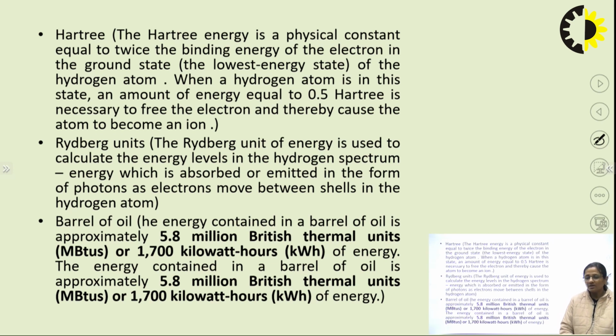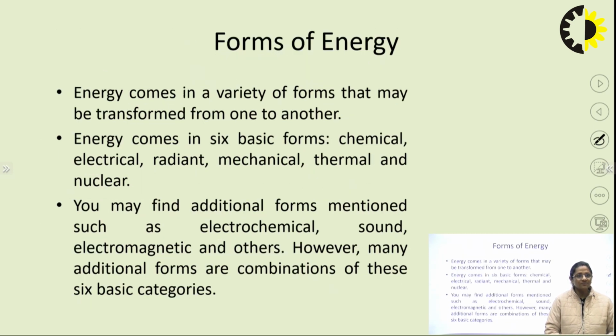The energy contained in a barrel of oil is approximately 5.8 million British thermal units or 1700 kilowatt hours of energy. So these were the basic units, some common units of the energy.